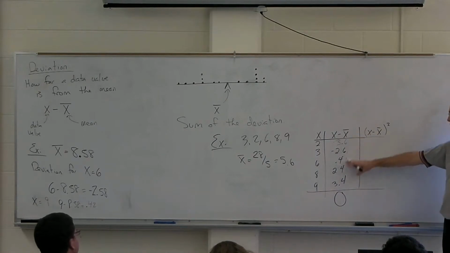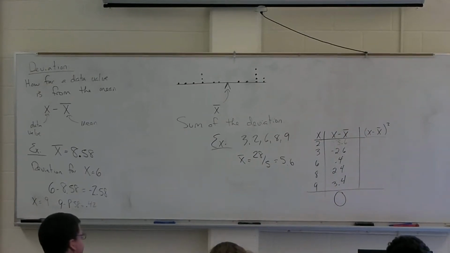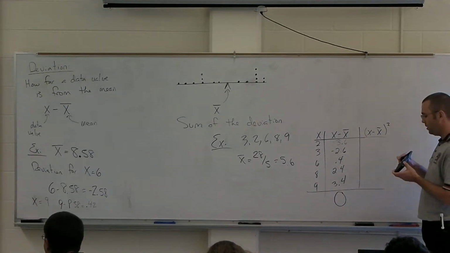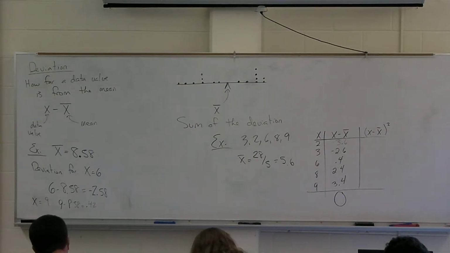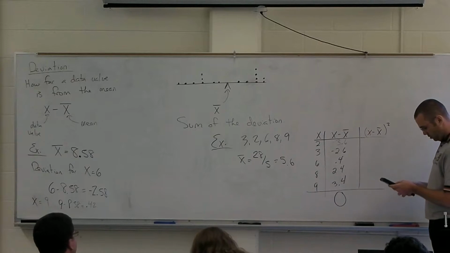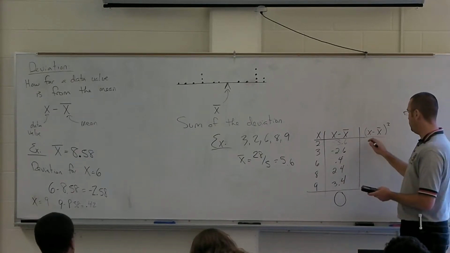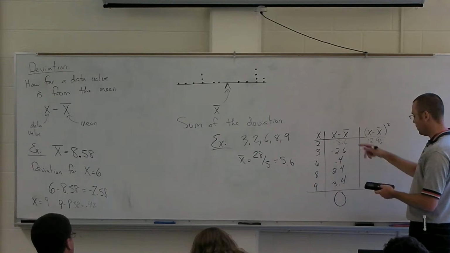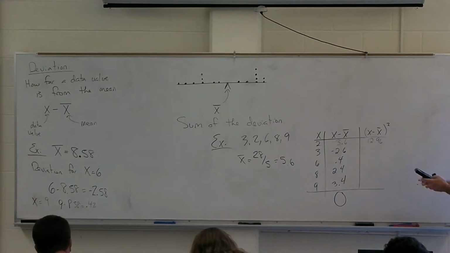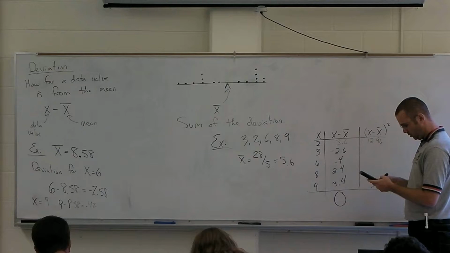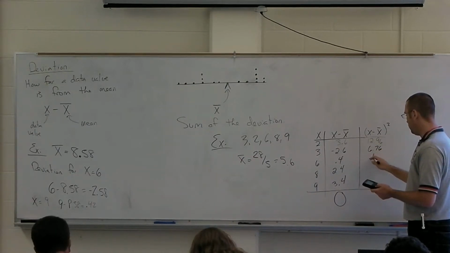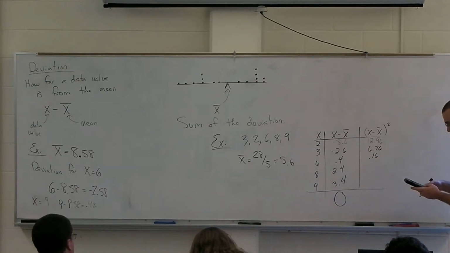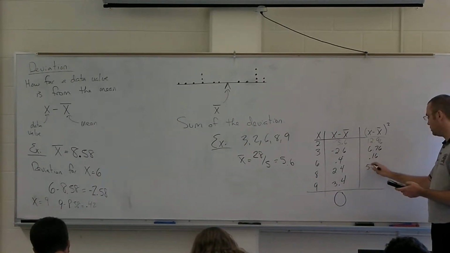Okay, so if we square these things, and I brought my calculator to do that, because doing these in my head is not always convenient. 3.6 squared should get 12.96 here. 2.6 squared, 6.76 there. 0.4 squared is 0.16. 2.4 squared is 5.76.